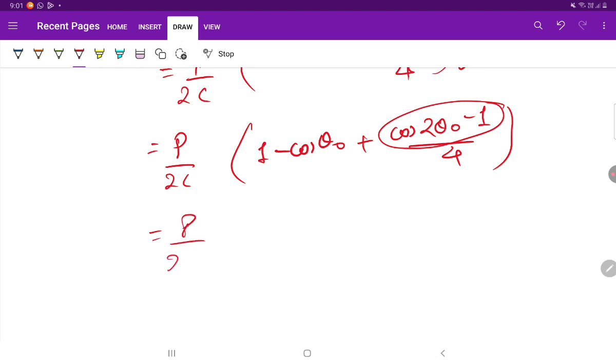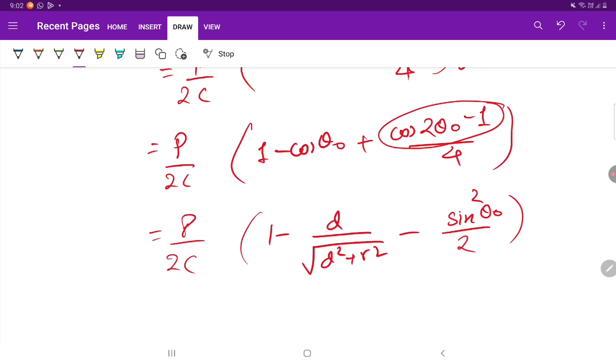Substituting all those, 1 minus cos theta naught is 1 minus d by root of d squared plus r squared, and minus sin squared theta naught by 2. But sin theta naught I already derived as r by root of r squared plus d squared, so putting that value, we get r squared over r squared plus d squared.